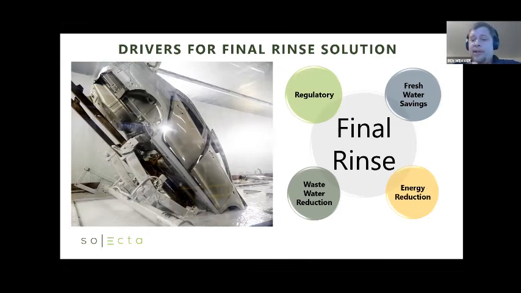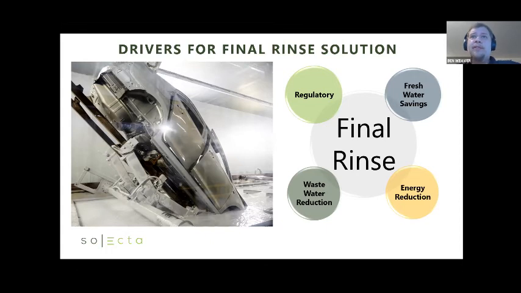Basically when the final rinses come in, you use it maybe once or twice pass through, but then it goes to wastewater. So with a final rinse, you're having a high freshwater requirement and a large wastewater requirement. Is there a way that we can improve that process from a sustainability point of view?